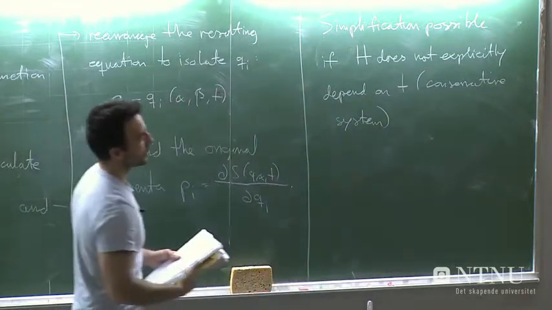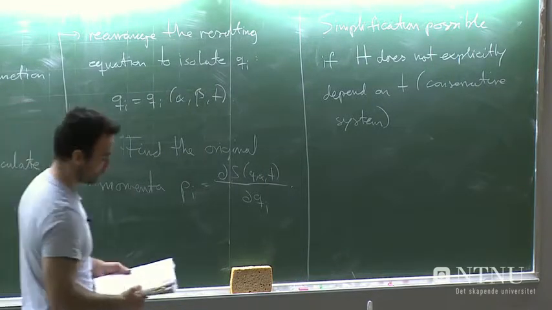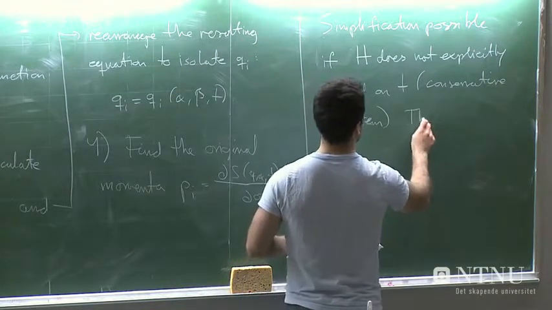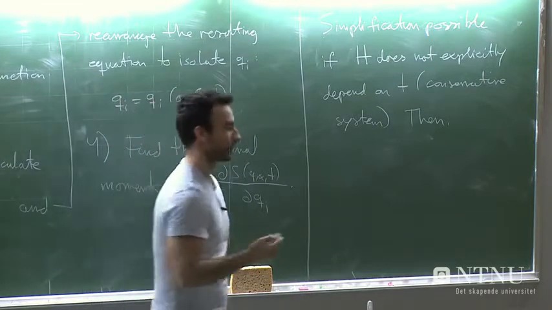If H has no explicit time dependence, meaning that we have a conservative system, then we may write Hamilton's principal function in the following way.